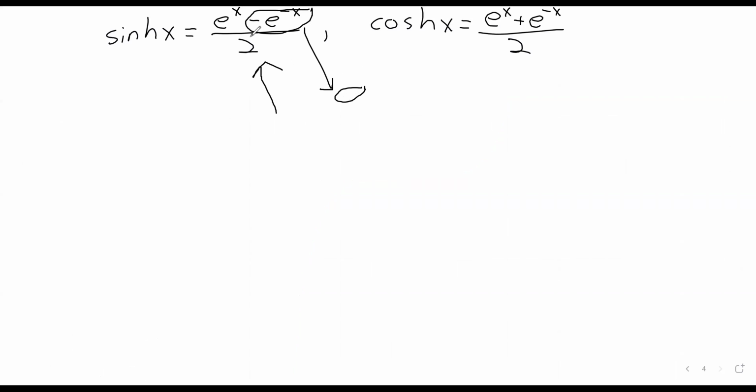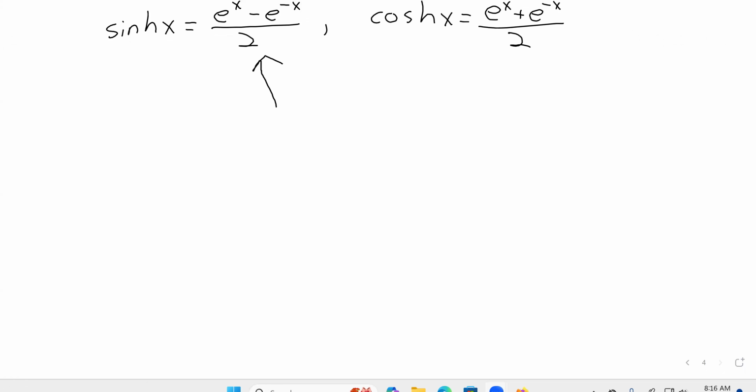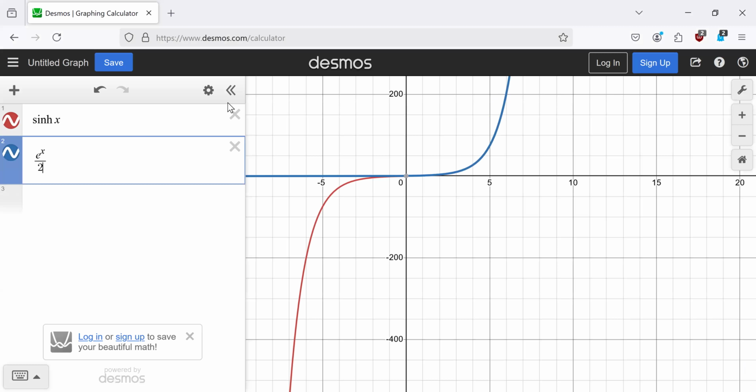So we're seeing something that looks a lot like e to the x divided by 2. And because e to the x grows so quickly, this hyperbolic sine also grows quickly. There you go for comparison. On this scale of magnification, they look identical up here.